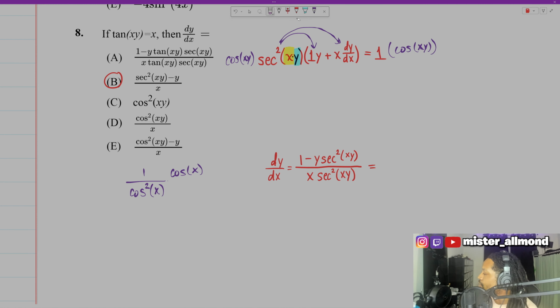Cosine squared of xy. Oh, so then they cancel out, since cosine squared times secant squared should cancel. I see.